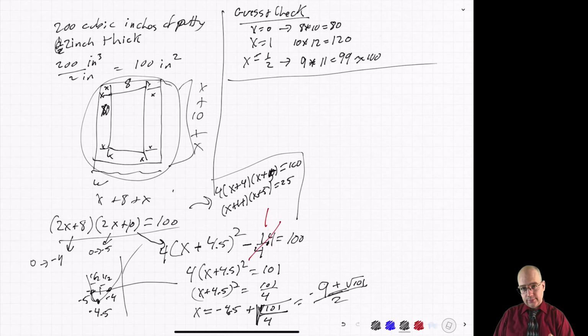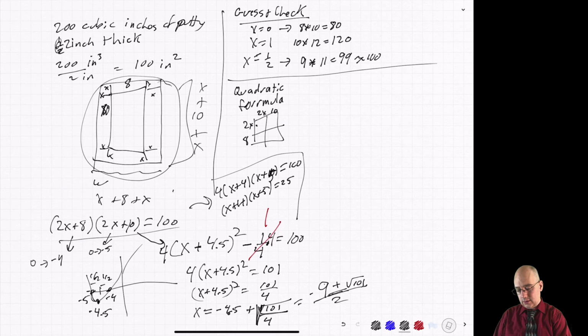All right. Now let's do the quadratic formula. So first of all, you need to get everything in the standard form. So we're multiplying 2x and 8 and 2x and 10. So that's 4x squared. 2x times 10 is 20x, and then this is 16x, and then this is 80.